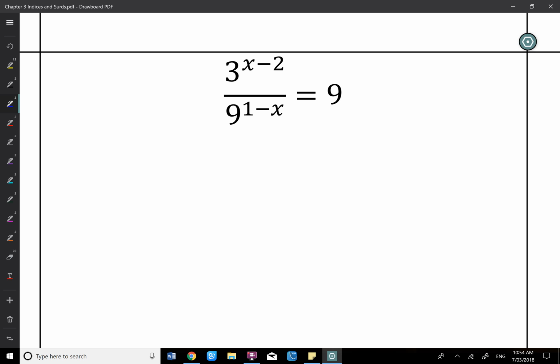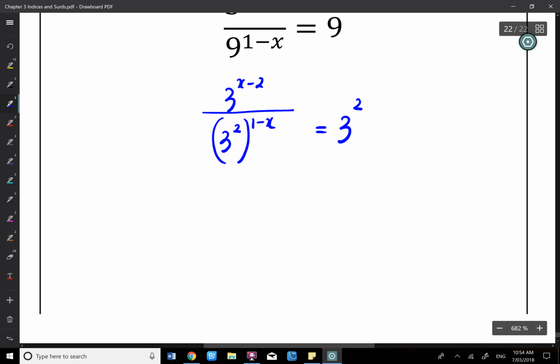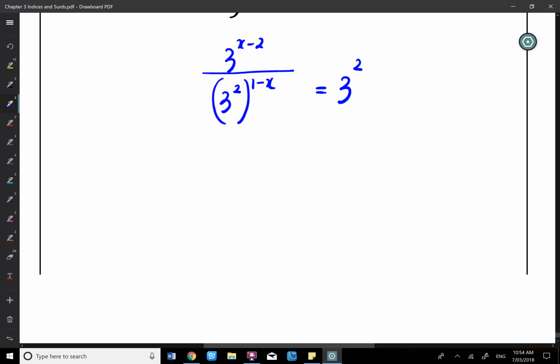One divided by another one equals to the third one. So what we will do is 3 to the power of x minus 2 over, okay, 9 is 3 to the power of 2, and then to the power of 1 minus x, and that equals to 3 to the power of 2. I can see everything is to base 3, so I just change everything to base 3 first.